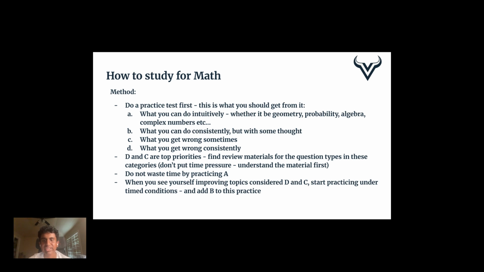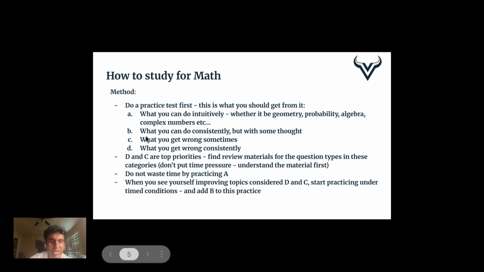As we did in the English section, we have the same 4 brackets. First, what can you do intuitively? Basically, you look at the question and can answer it as soon as you look at it, whether it be in geometry, probability, algebra, complex numbers, etc. If you know how to do it straight away, then you're in that A bracket.